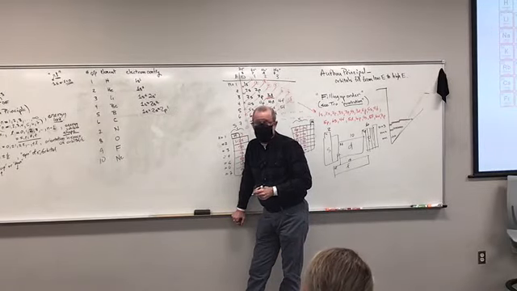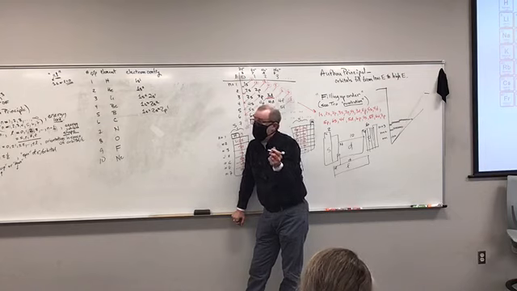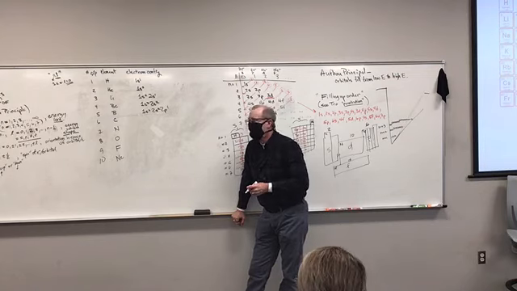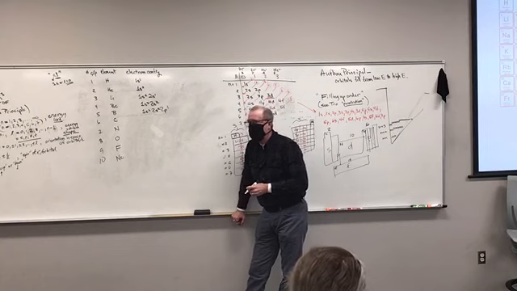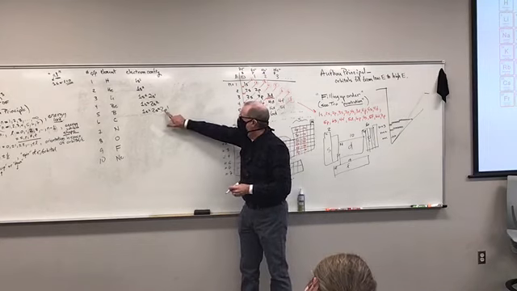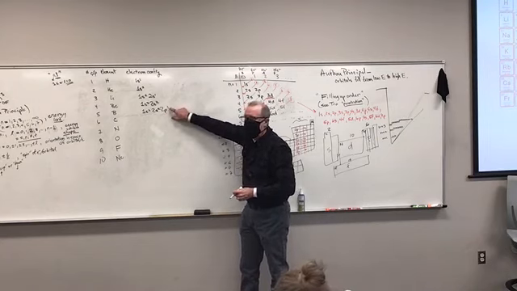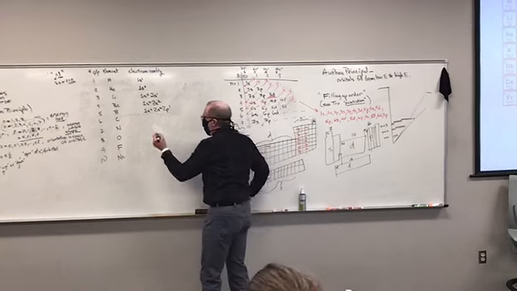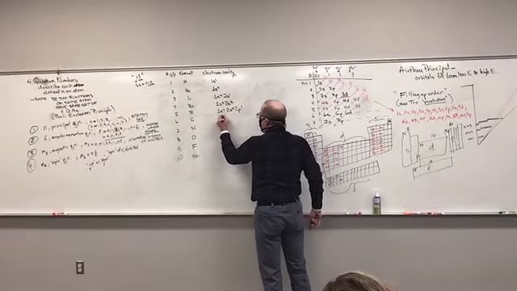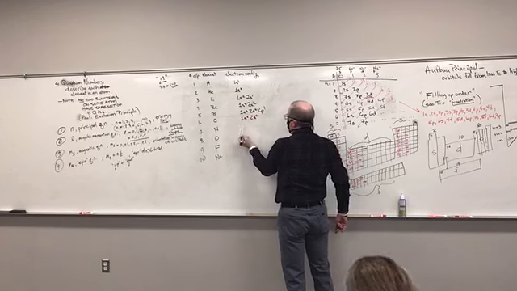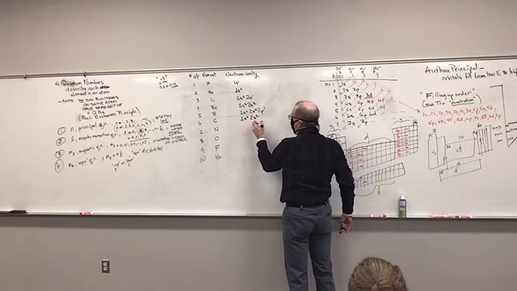Because S is filled. What's the next one? Well, there's boron. Where is it? Second row, P block, first column. 2p1. My guess is you can fill out the rest of the table on your own now. 1s2, 2s2, everything that it had before, now it's 2p2.